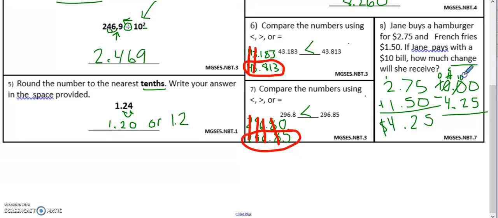We're going to also regroup that 10, so now that 10 becomes a 9, and we can regroup that 0 to a 10. 10 minus 5 is 5. 9 minus 2, 9, 8, 7. Bring down that decimal point, and then 9 minus 4 is 5. And so how much change did Jane receive? Jane received $5.75, and I made sure to have my label on there.